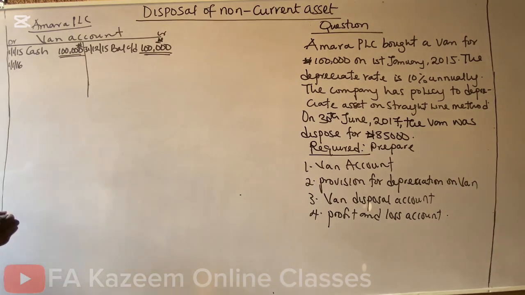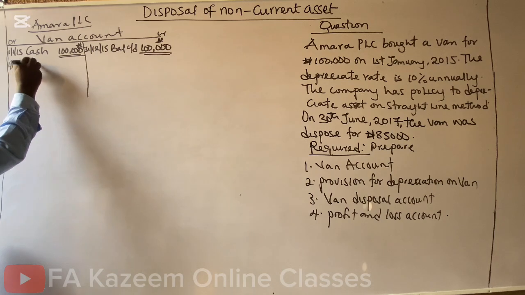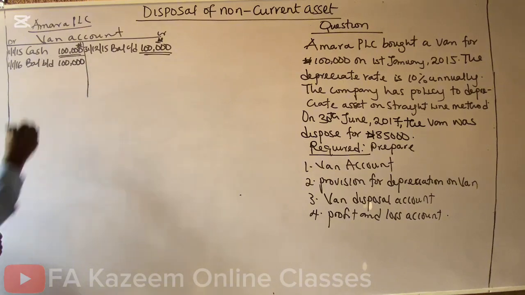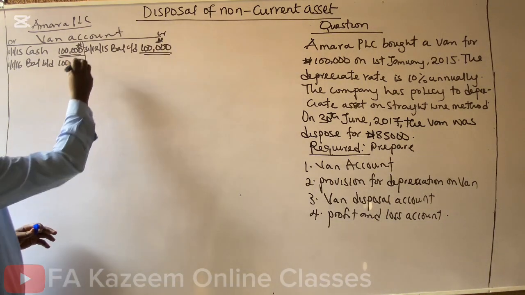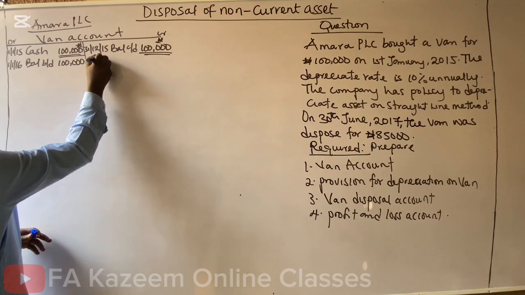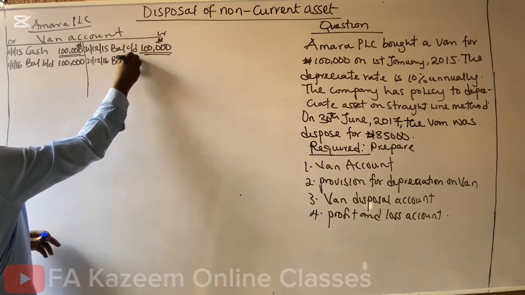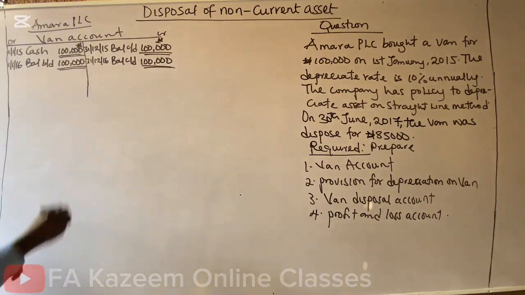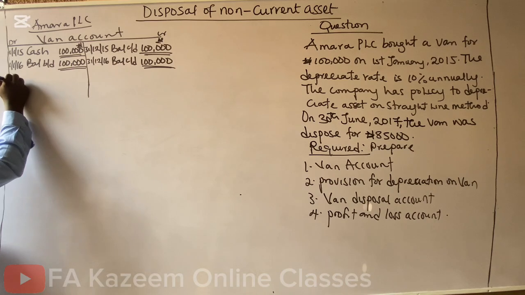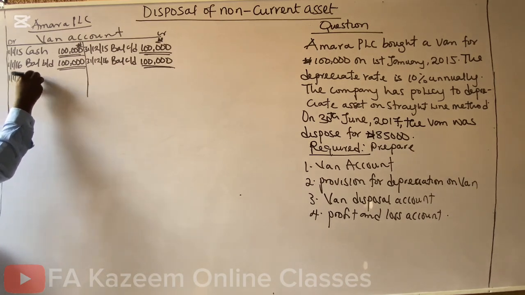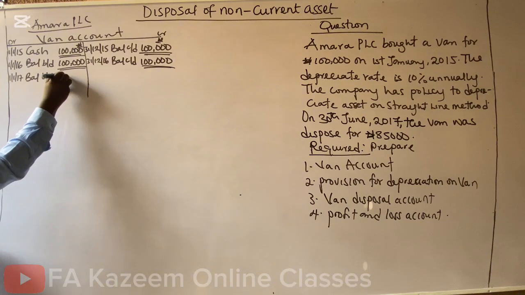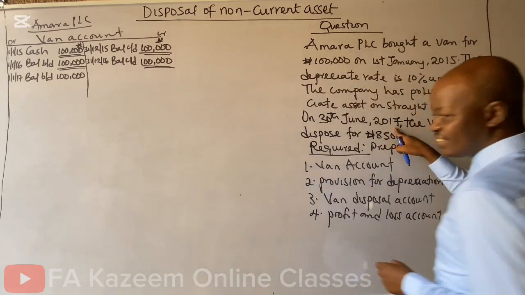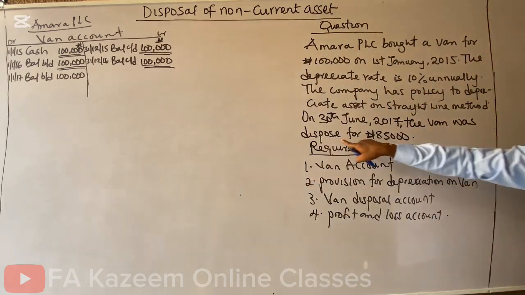On 1st January 2016, that's the second year, this van is still existing. Balance brought down 100,000. At the end of 2016, which is 12 months, the van is still existing. Balance carried down. At the beginning of 2017, the asset is still existing, 100,000. But on 30th June 2017, the van was disposed.